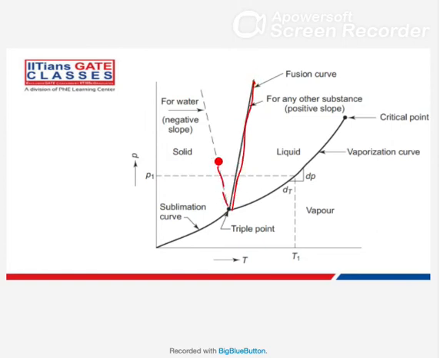And this is for water, which has a negative slope. Next, we can derive the same equation and get the same equation for the vaporization curve and the sublimation curve also. And this is our triple point. So next we'll discuss vaporization, then sublimation, then the triple point. So two slides only. And here we have the critical point.